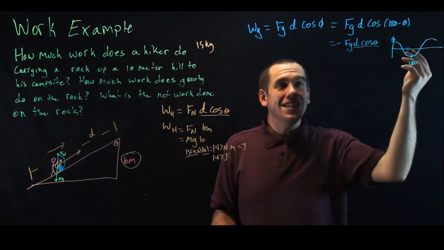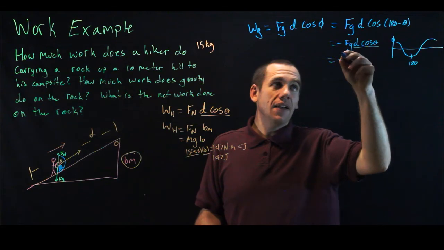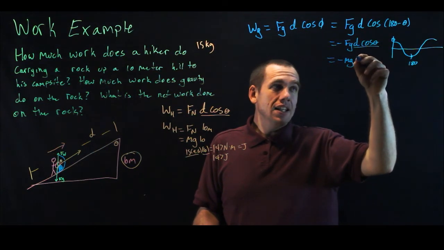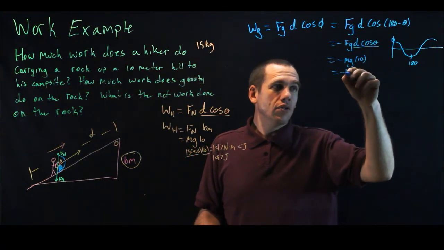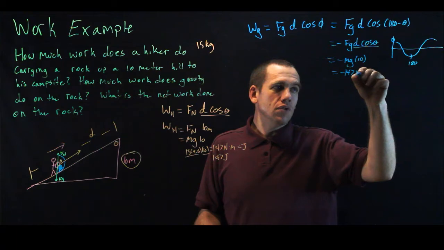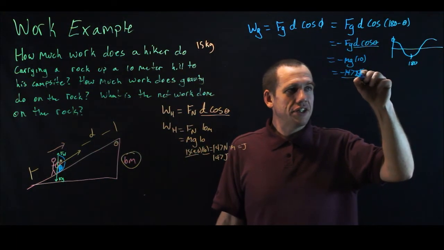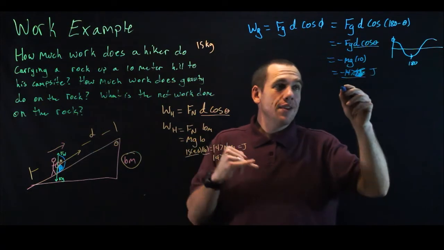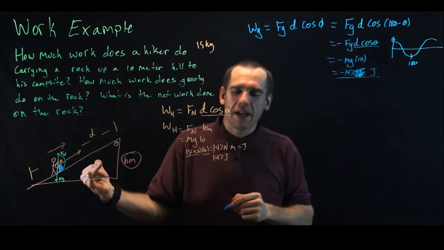Well, we already know d cosine theta is the 10 meters. So this is equal to negative Fg, which is negative mg, times d cosine theta, which is just our 10 meters. And so this is equal to negative 147 newtons. You'll notice that's not newtons, that's joules. Gosh, I did that twice now. Joules. 147 joules. The work done by gravity is the exact opposite of the work done by the hiker.